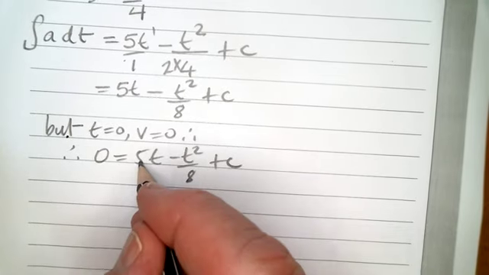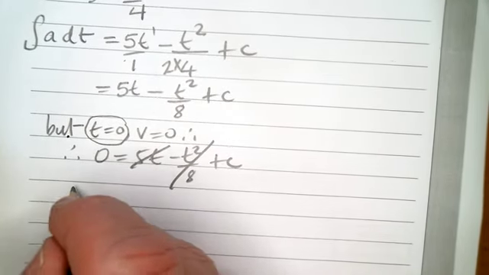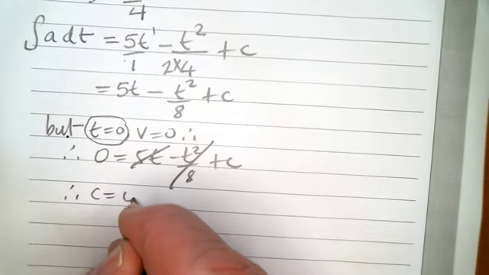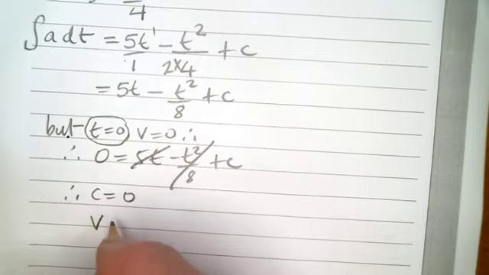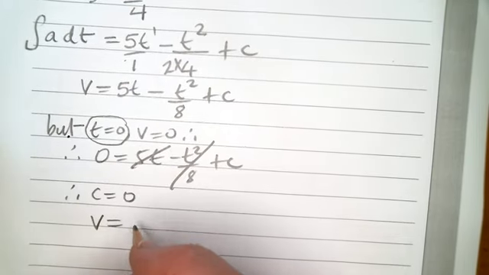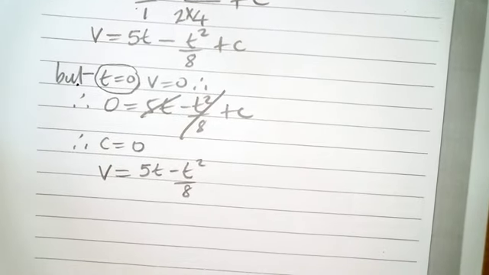And of course, if t is 0, this is 0 and this is 0, which means therefore c is equal to 0. So therefore, velocity is equal to 5t minus t squared on 8, and doesn't have a plus 0 on the end.